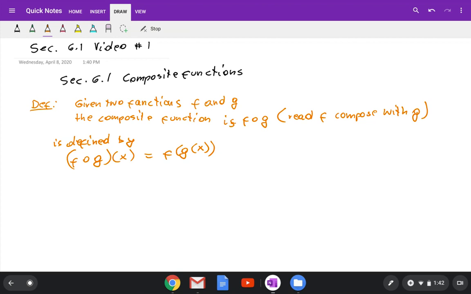So the first function from the left side, which in our case is f, that's the outside function. And inside, you see g of x, that's the inside function.